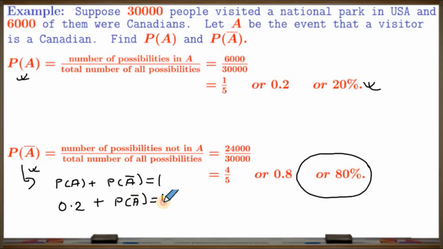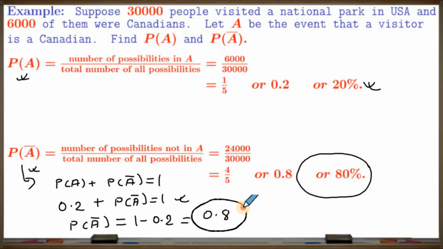I will just copy the rest. Now we just need to solve this equation to find probability of A complement. So probability of A complement equals 1 minus 0.2, which equals 0.8. This is another way we can find probability of A complement.